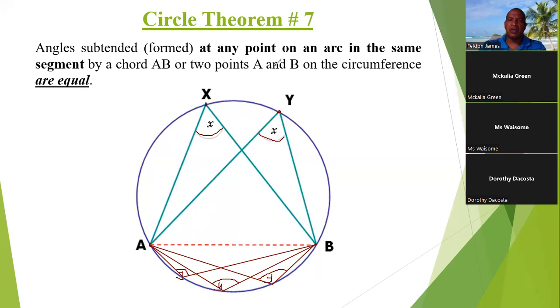Now, if you should go back into the major segment and form more angles from A to B, then the angles in the same segment are going to be equal. So this angle here is also going to be equal to X. All right, so that's the theorem.